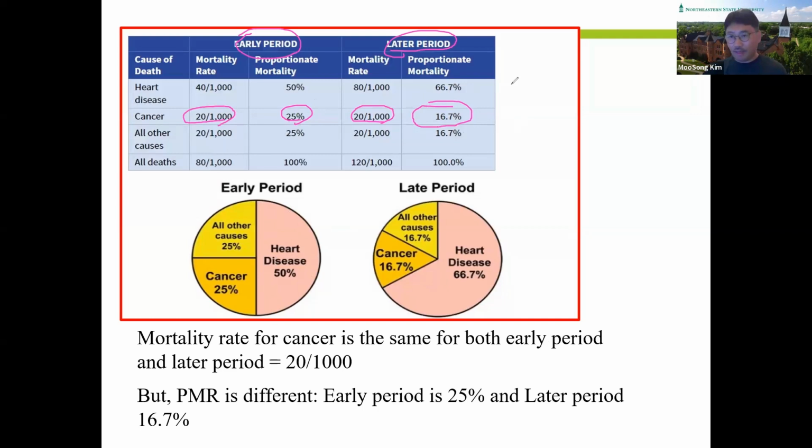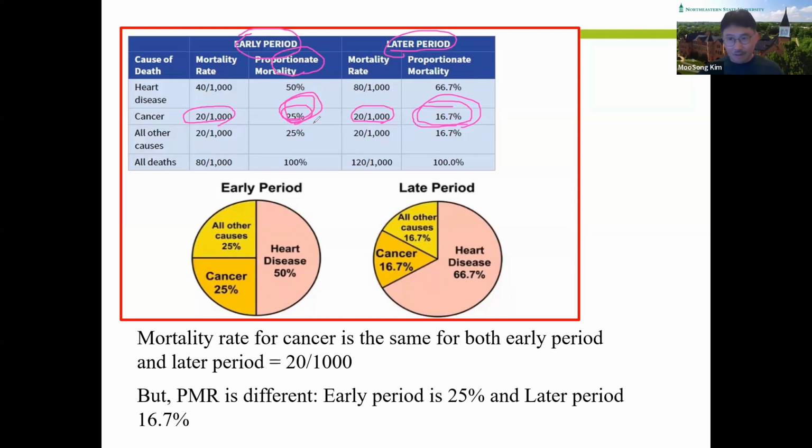So based on this information, cancer in early period is a more dangerous risk than cancer in later period. If you answer this question based on the mortality rate, probably the same. But if you answer based on proportionate mortality rate, probably you say, okay, cancer in early period is more risk than cancer in later period.